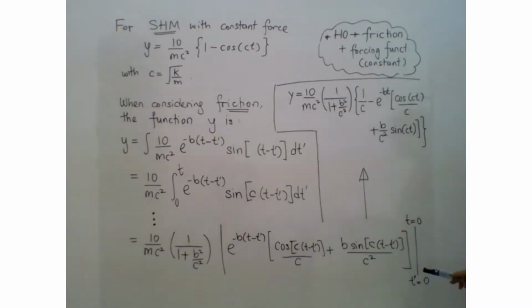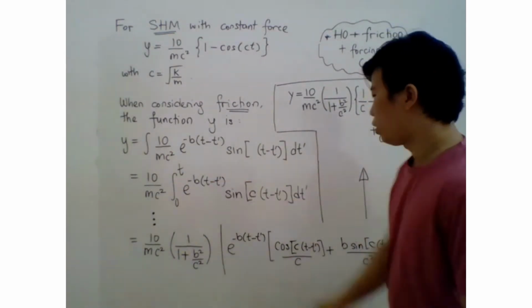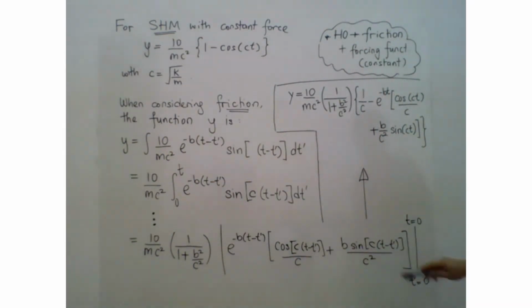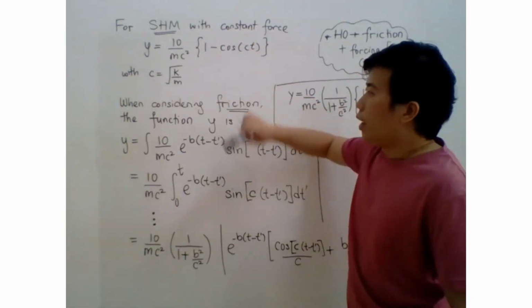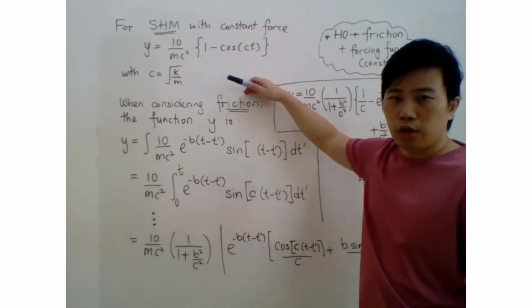And now what I just need to do is to put in t prime equals to 0 and t prime equals to t into this equation, and finally I will have this expression, this function for the motion of the object. Okay, so that is how we use the Green's function in the simple harmonic motion that we discussed earlier, and in this case when we consider friction.